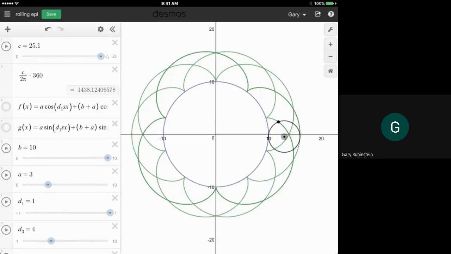And those do resemble the things that you made when you did the spirograph thing. Spirograph is a little different because the circle is rolling inside the bigger circle, and we'll look at that one tomorrow. But our goal today is to find the equation of this thing.